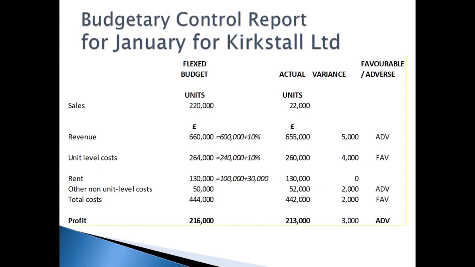And the other non-unit level costs have gone up a bit, maybe they had a few extra administrative staff or warehouse people or something to cope with the extra demand. So those are the possible reasons. The main problem is the revenue down because of the price cut.